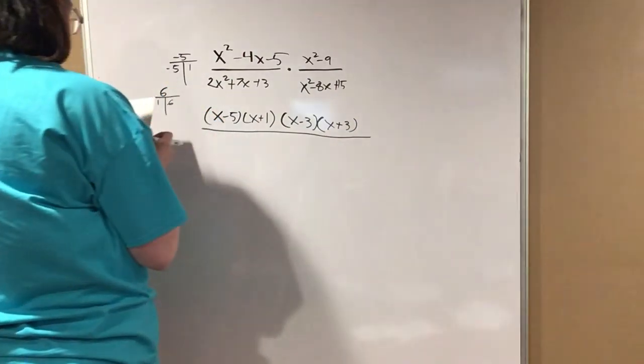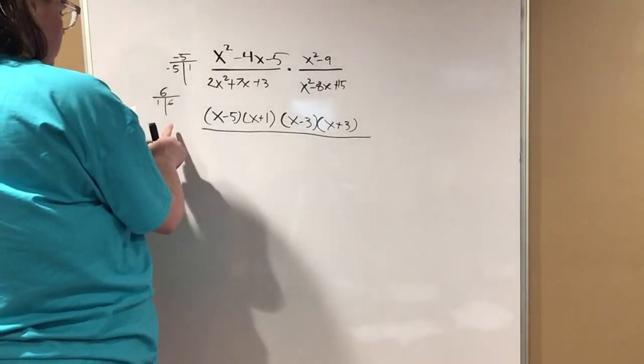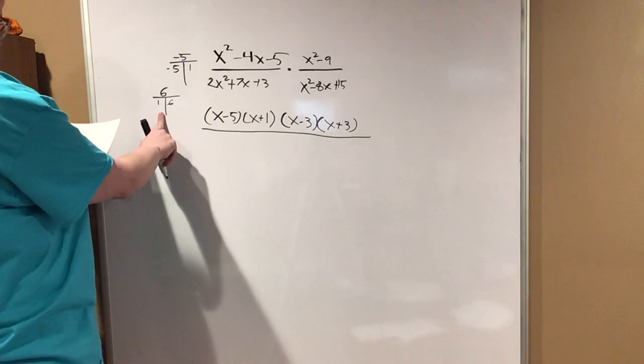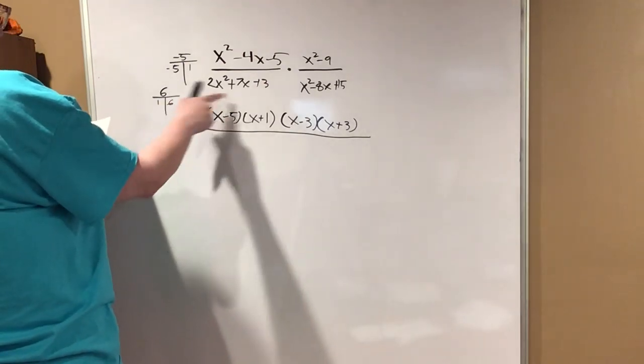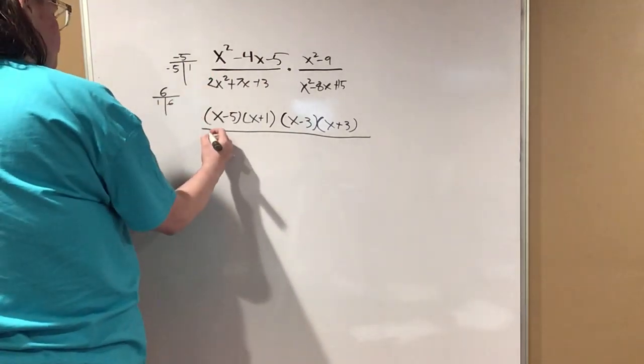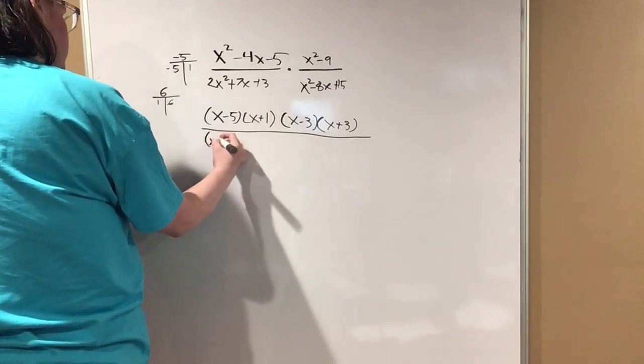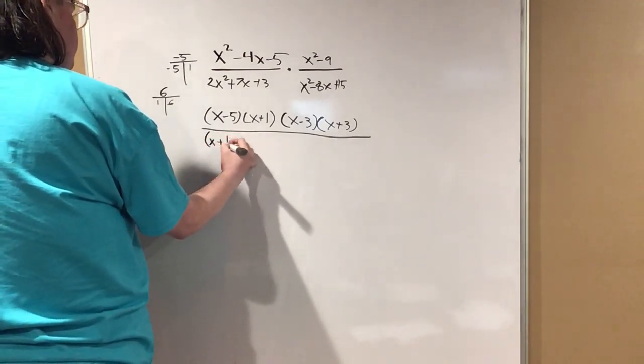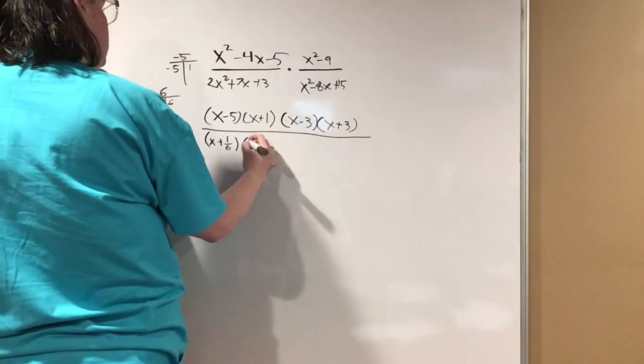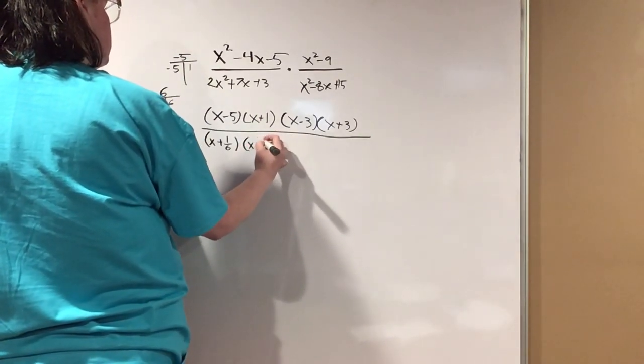I'm just going to draw one big line. Okay, so factors of 6 that add up to 7. So I would get x plus 1 over 6 and x plus 6 over 6.